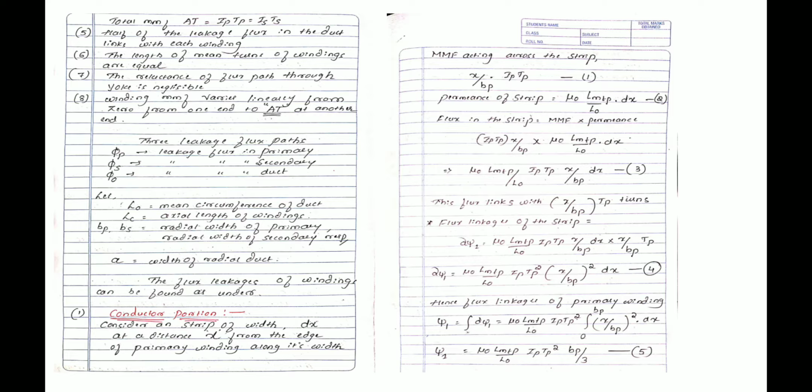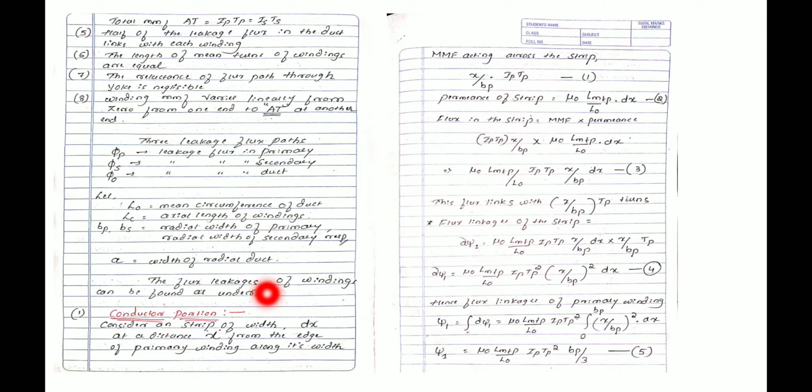Getting it? So next, in this derivation there are two portions I am going to consider. The first portion is the conductor portion, and the second one is the duct portion. Why have I considered these? We are going to calculate the leakage fluxes in the windings as well as the duct.